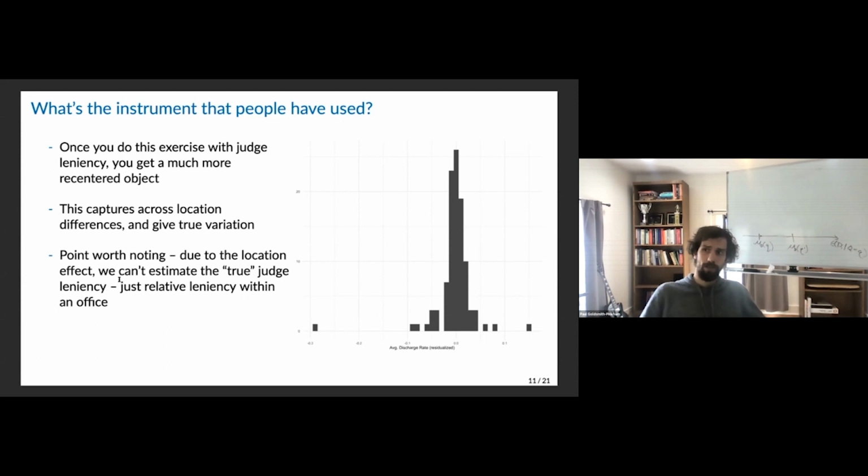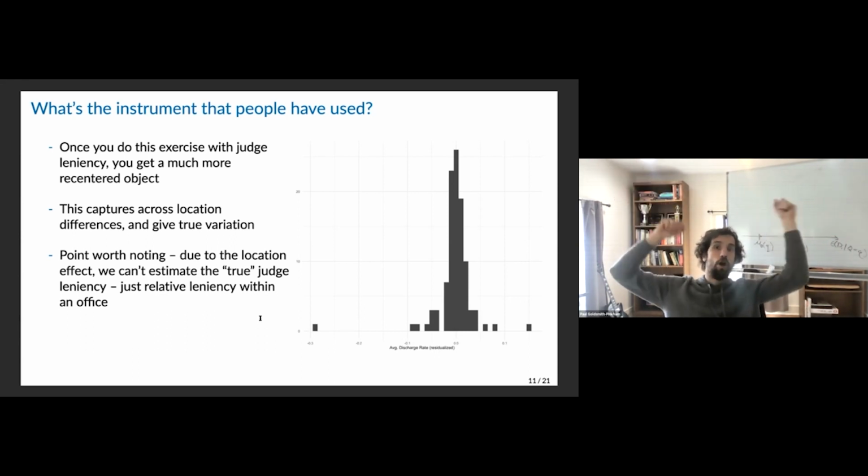The point is that, due to the location effect, we can't estimate the true judge leniency. We can't estimate the level. To continue to harp on the empirical example of you all being examiners, if Aslihan and Daniel are in one bankruptcy court and Kanyao and Kanying are in another bankruptcy court, and there are differences there, and the random assignment is only within the courts, there's no way to know whether Kanyao is overall more lenient than Daniel.